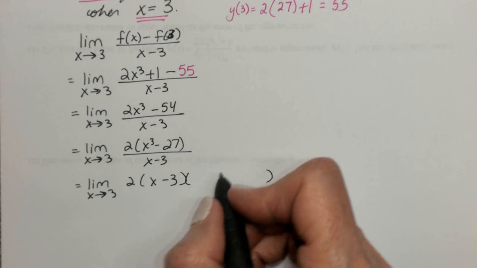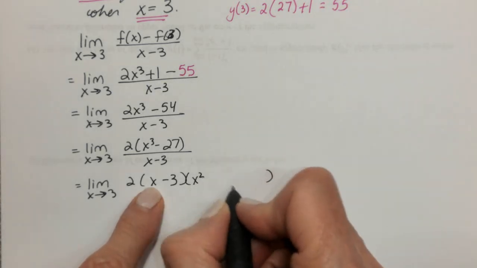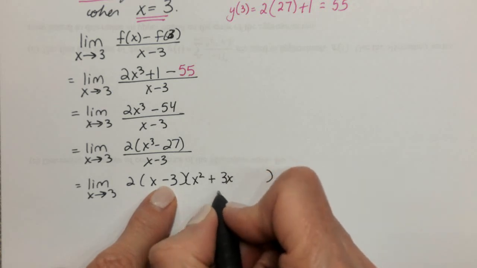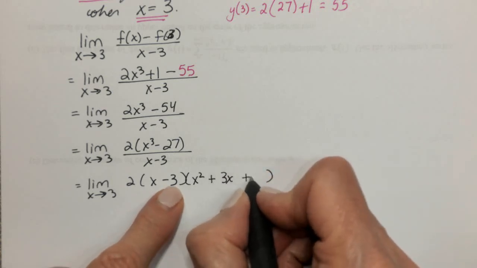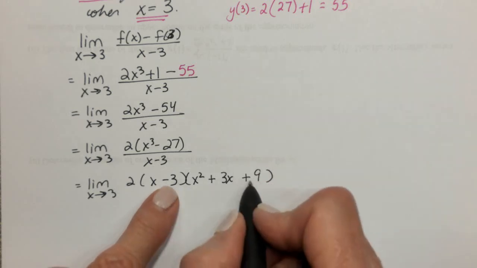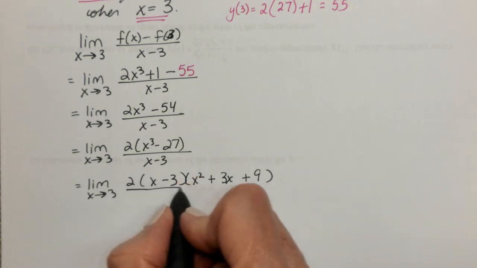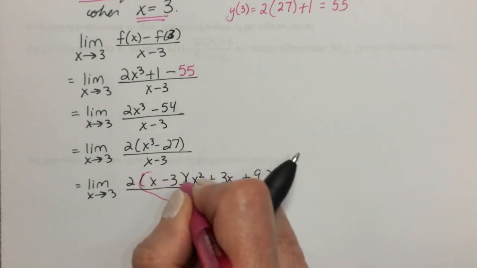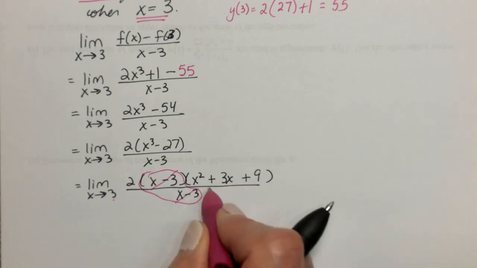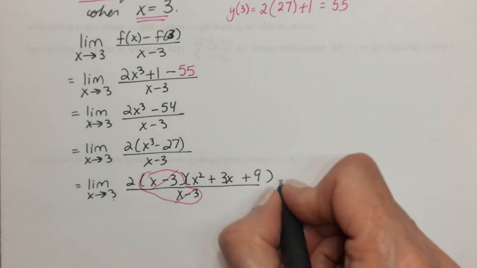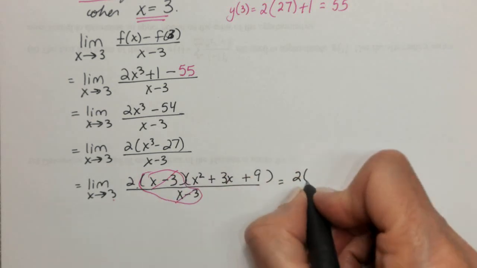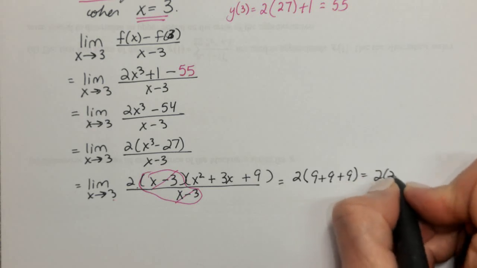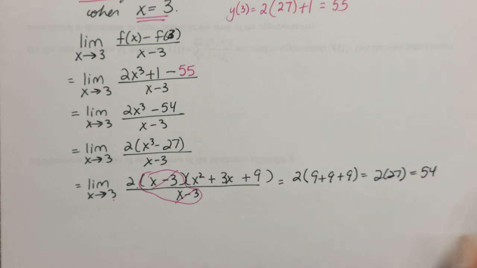For my trinomial, square the x, multiply these two together, change your sign, and then plus 9, plus the square of 3. This is always positive. All divided by x minus 3. We found our hole. We can cancel it out. Plug 3 into the remaining x's. We will have 2 times 9 plus 9 plus 9. That is 2 times 27, or 54.